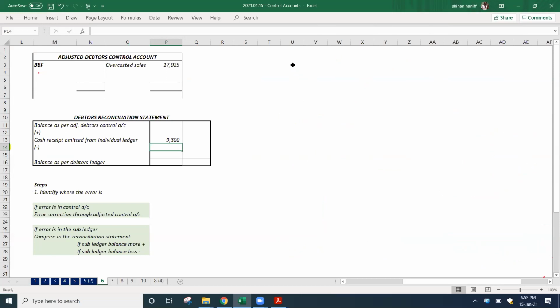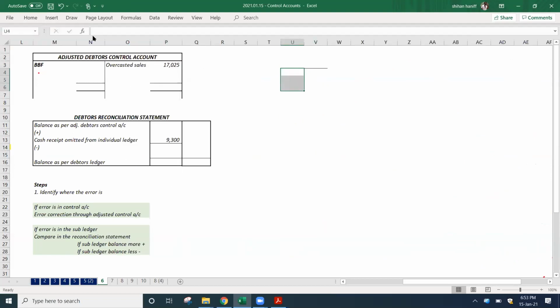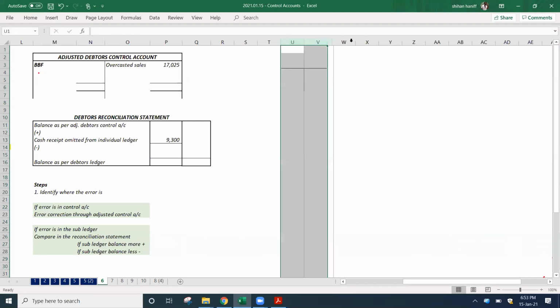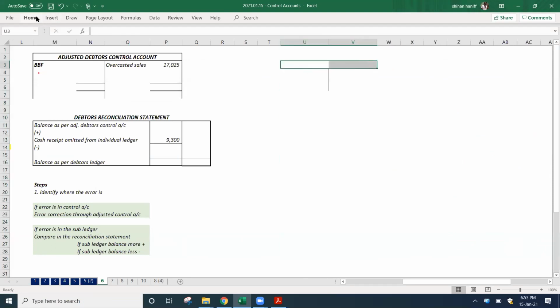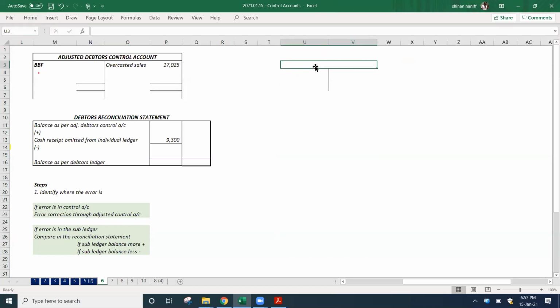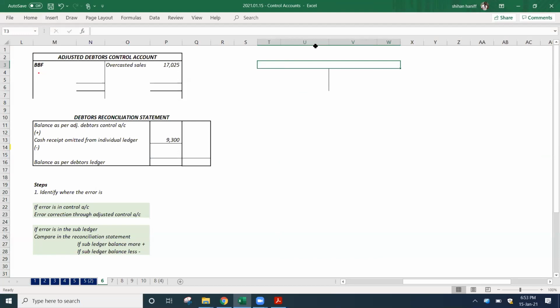Now let's say this is debtors control account.